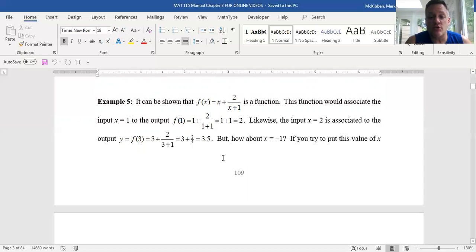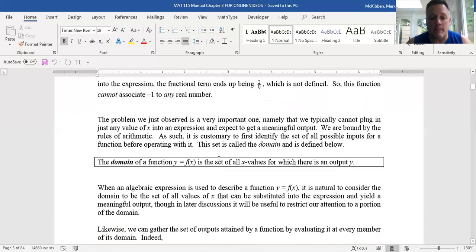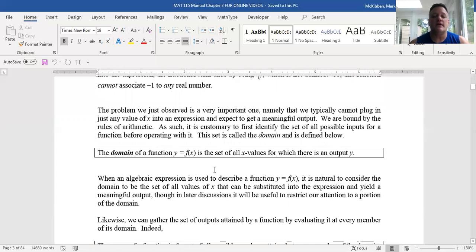And so what we want to do is gather together all of the real values for which the function does have a sensible output. That set is called the domain. So given various expressions for f of x, I want to first determine what the natural domain is, the biggest subset of the real numbers for which there are sensible outputs, so that I don't have to worry about whether I can compute this or not.